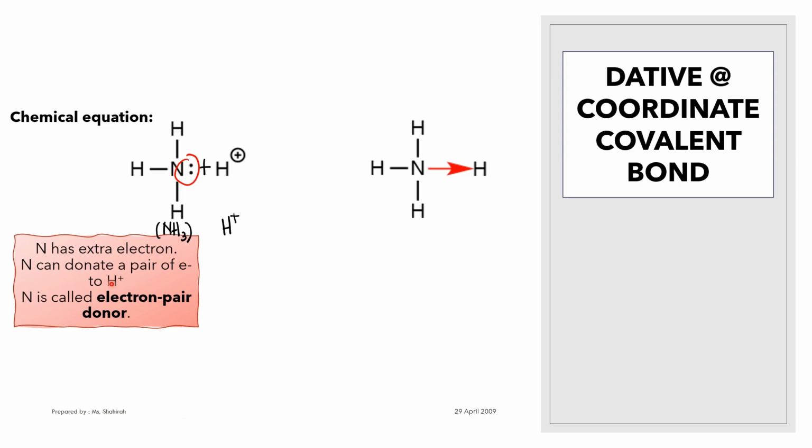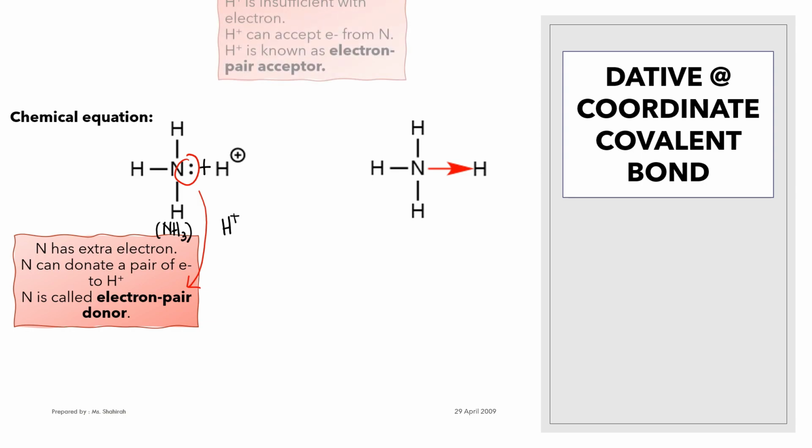So in this case, nitrogen is able to donate a pair of electron to H+, kerana H+ kekurangan elektron. Okay, H+ has no more electron, okay, in its valence shell. So di sini bila N ada sepasang elektron, and N will donate the 2 electrons kepada hydrogen. So N is called as electron pair donor.